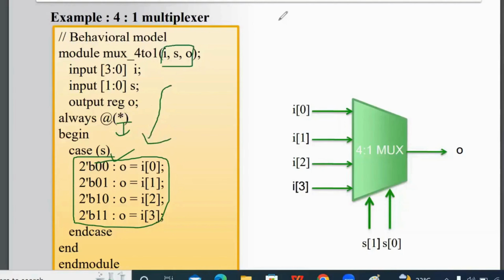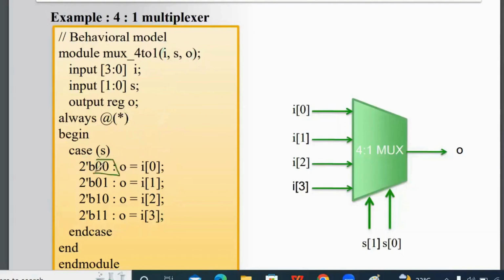Suppose input is changing, I[0], or only the 0th bit of S is changing. Even a single bit change is a change of input, and that should be reflected in the functionality, right? So that's why we include every input in the sensitivity list. Even an enable signal you need to include, because based on that the functionality will change.